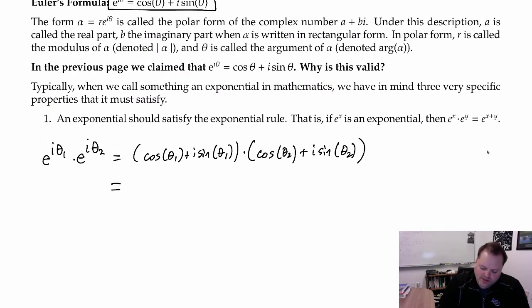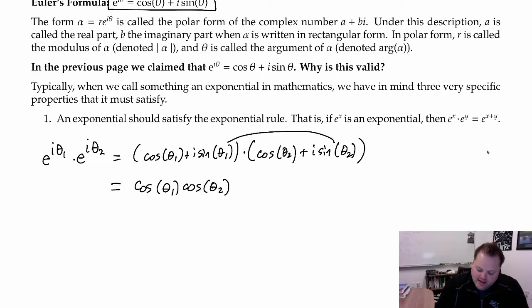And if you were to multiply these out, you'd get cosine theta 1 cosine theta 2 plus the other term, excuse me, this would be minus. The other term without an i is the last part, because you get i times i, which is i squared, which is negative 1, would be sine theta 1 sine theta 2.